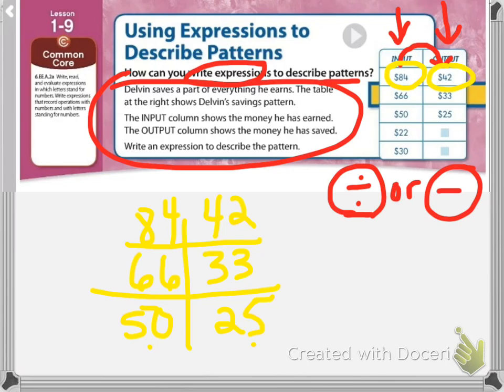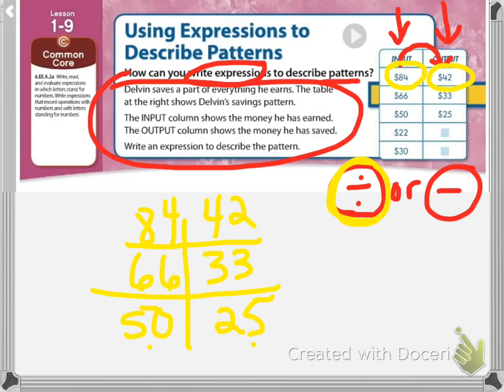It's split into half. Half of 50 is 25, half of 66 is 33, and 84 divided by 2 is 42. So we know that our pattern is that we're going to divide by 2.